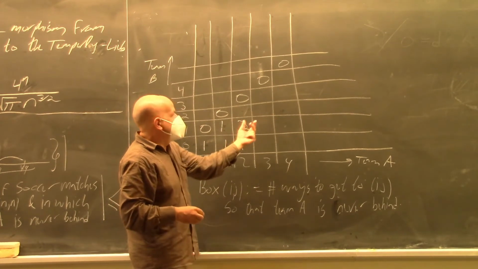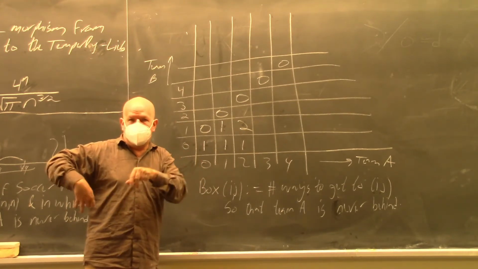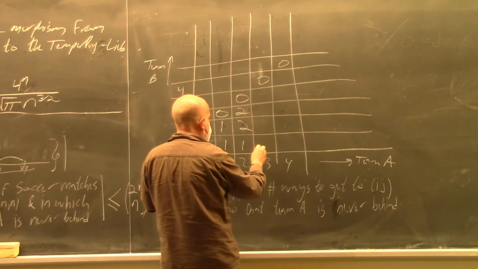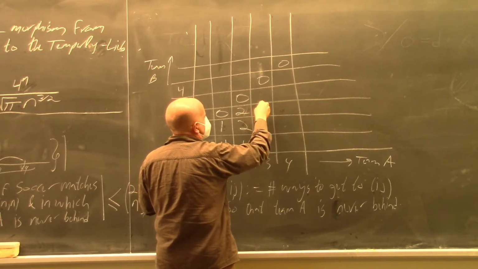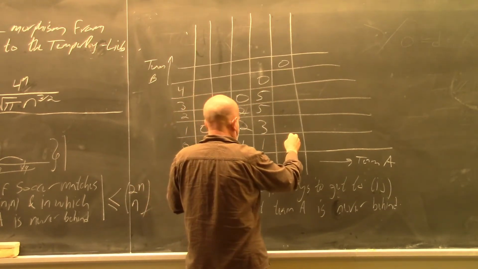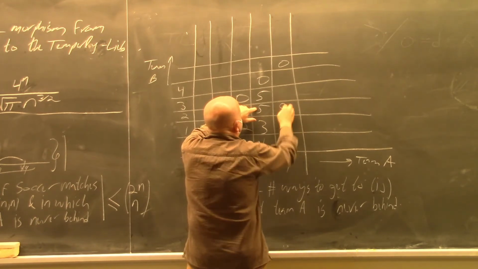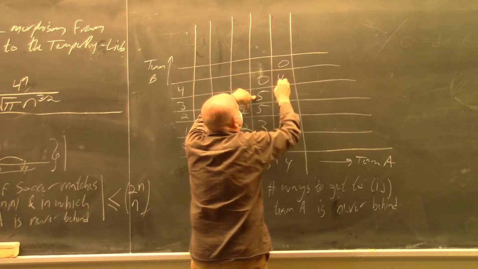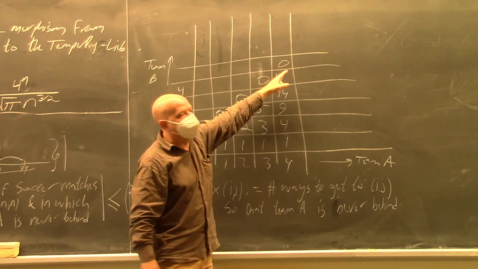So basically, every box is the sum of the box below and the box to the left. So this is still 2. This is 1, 3. 2 plus 3 is 5. 5 plus 0 is 5. 1, 4. 4 plus 5 is 9. 5 plus 9 is 14. So the Catalan numbers are 1, 2, 5, 14.